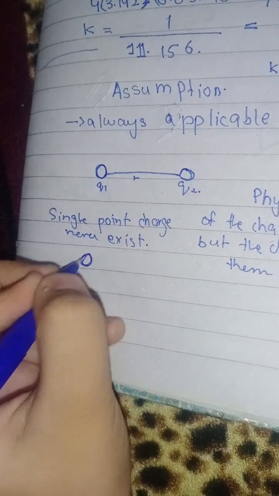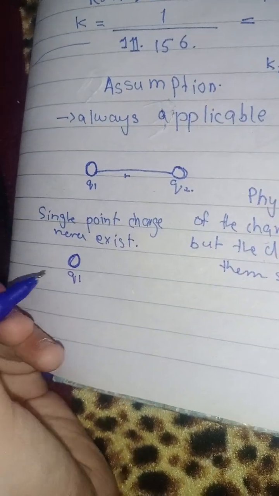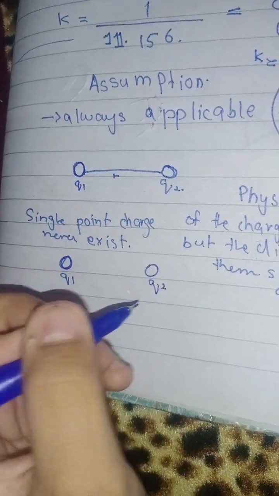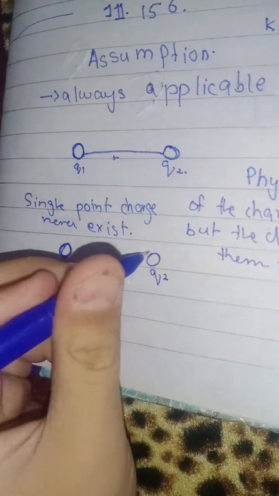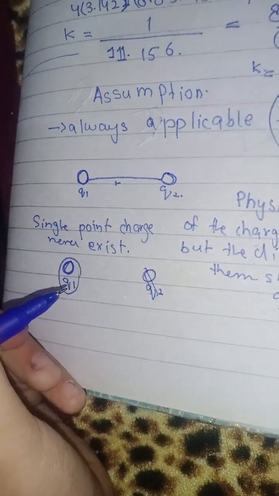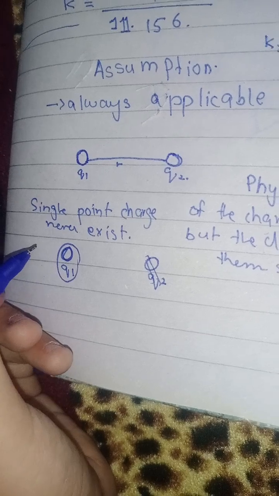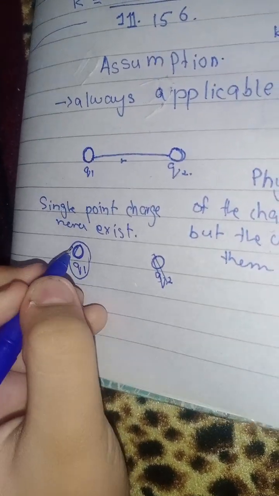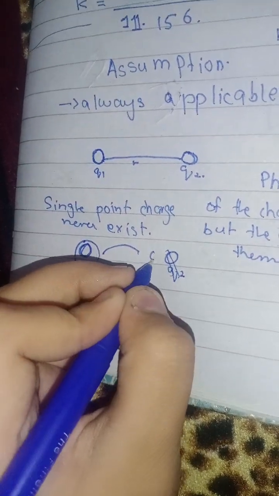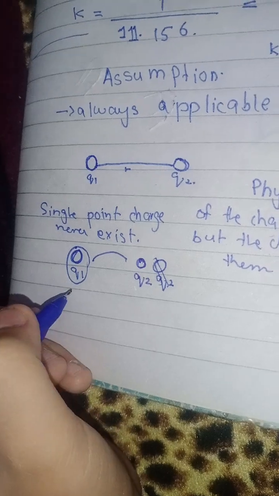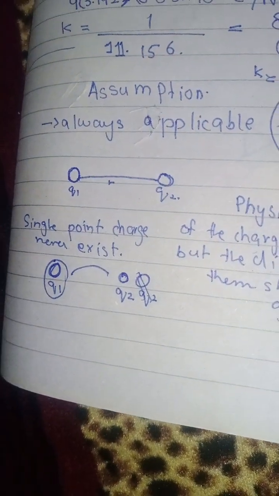Here we have one charge q1, so it will never exist on its own. If there is a second charge, then it will exist; otherwise it will never exist. The third point says a point charge is always with respect to a second charge. A single point charge never exists.